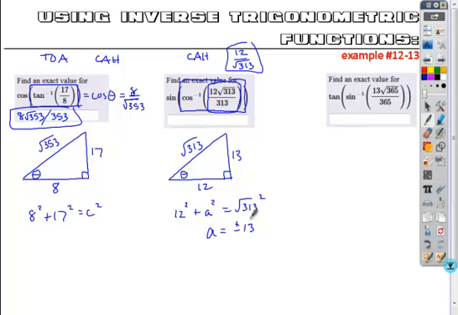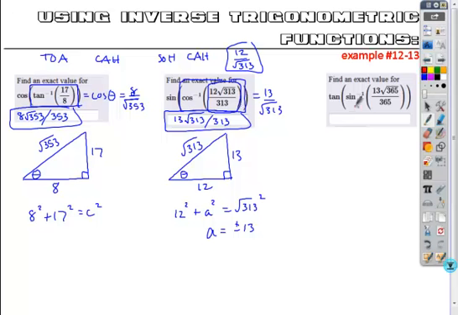So you found what your missing side is, and now you can evaluate the sine of this angle is opposite, so 13 over hypotenuse, root 313. And so when you write your answer, it's going to be 13 root 313 divided by 313 if you rationalize, and that would be your solution.